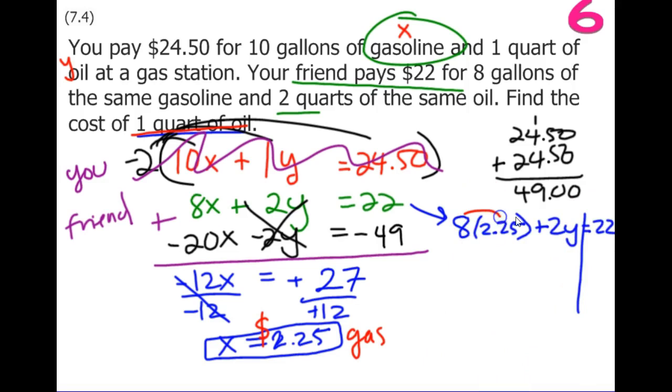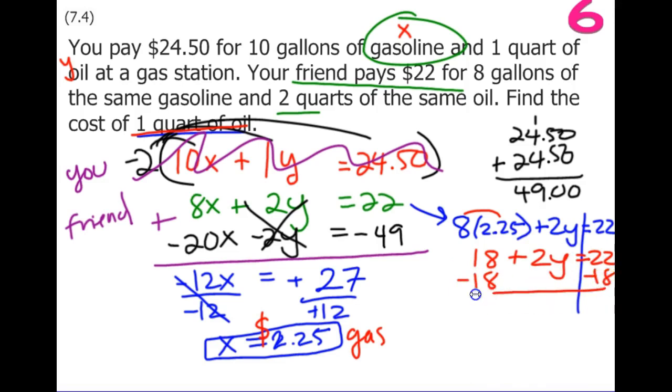So I'm going to multiply 8 times 2.25. In my calculator, that gave me a nice 18. If you want to do 8 times 2 is 16, and then 8 quarters is $2, not $4. That would add up. 16 plus 2 more is 18. There we go. So to solve for y, I'm going to subtract 18.